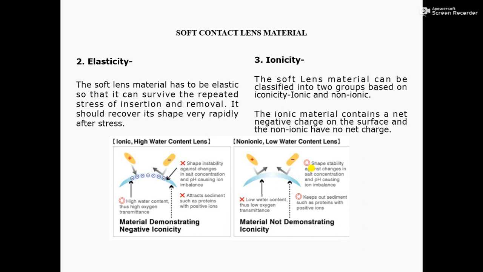Number 3, ionicity. The soft contact lens material can be classified into two groups based on ionicity. One is ionic and the other is non-ionic. The ionic material contains a net negative charge on the surface and the non-ionic has no net charge.